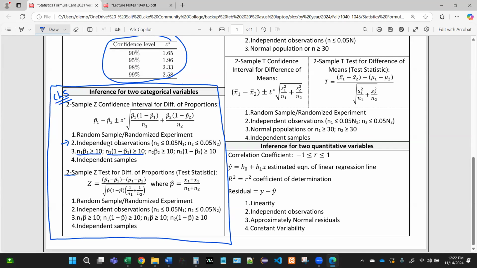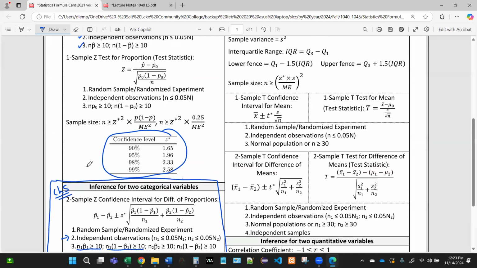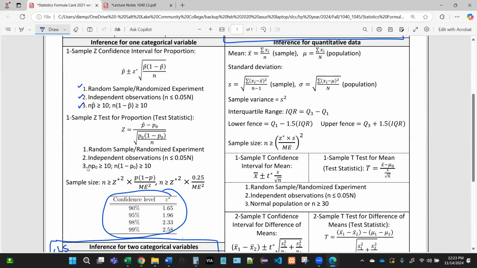Well, it's for checking the conditions. So we're at the two sample z-test for difference of proportions, and what we have to do is make sure we're expecting under the null at least 10 successes and at least 10 failures. It's very similar to what we did in chapter 3. Remember in chapter 3 when we were looking at single proportion hypothesis tests, we had to be expecting under the null at least 10 successes and at least 10 failures. Well, with the hypothesis testing, remember, it's different than the confidence interval.